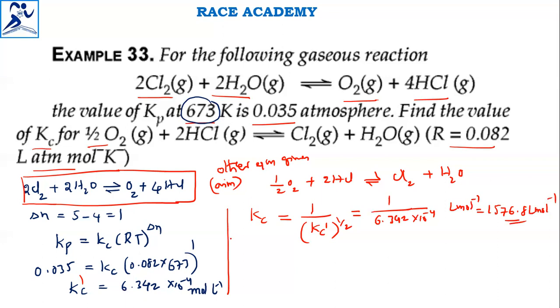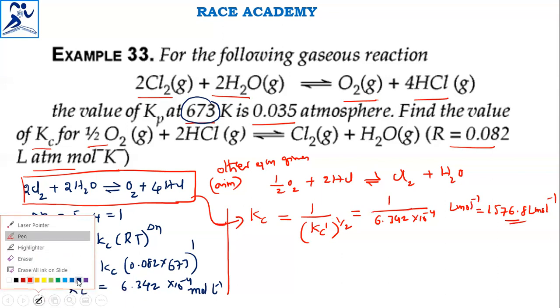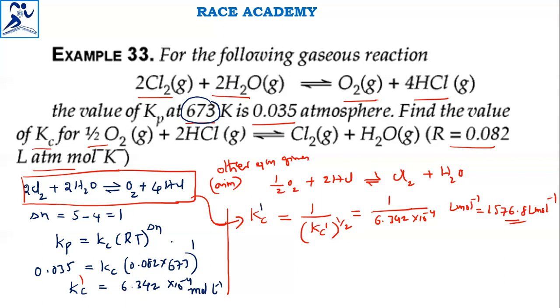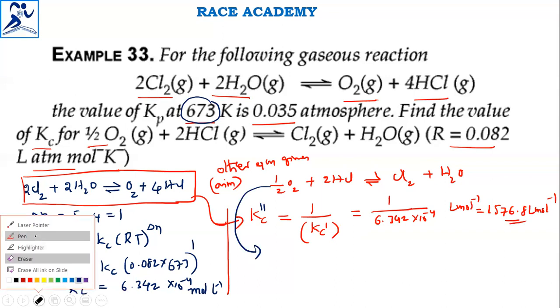This value is the reverse of the first reaction only. I can say this is Kc double dash, right? But for the aim equation Kc value, just a minute, this I obtained only the reciprocal, I didn't write the whole power 1 by 2. So I only did the reciprocal.